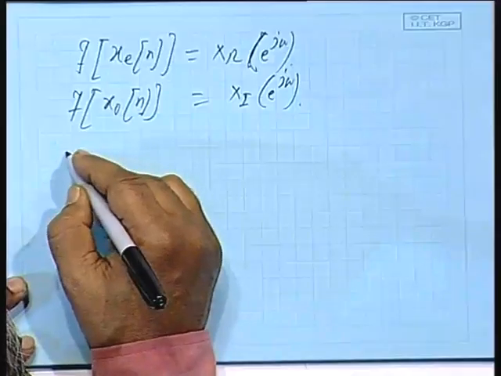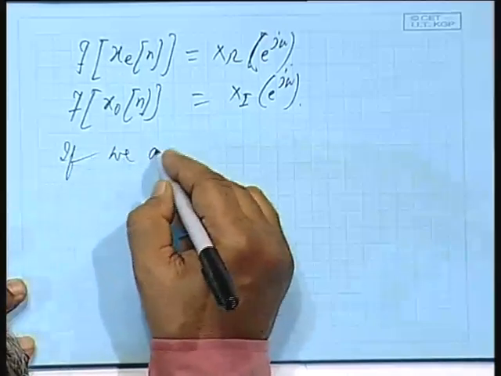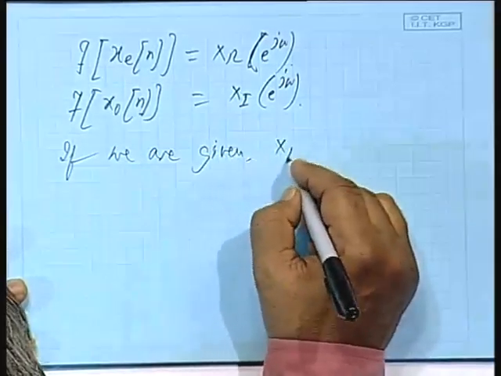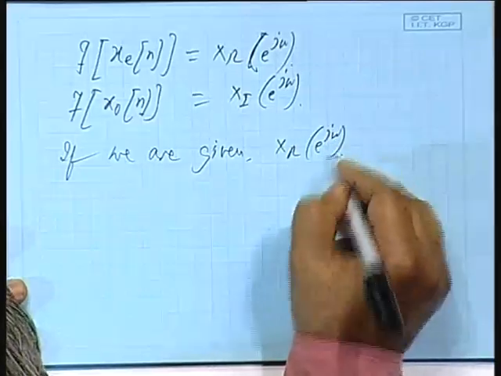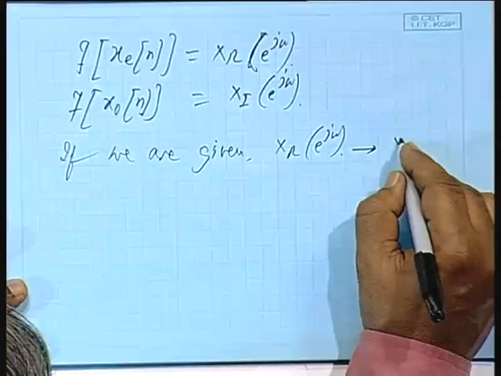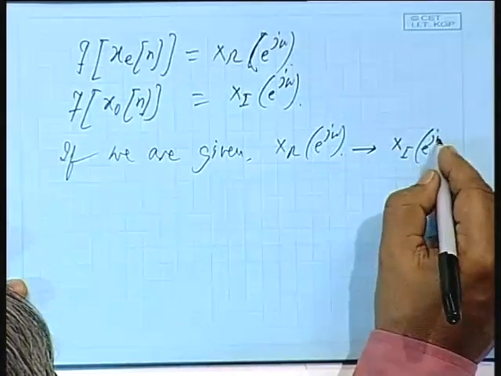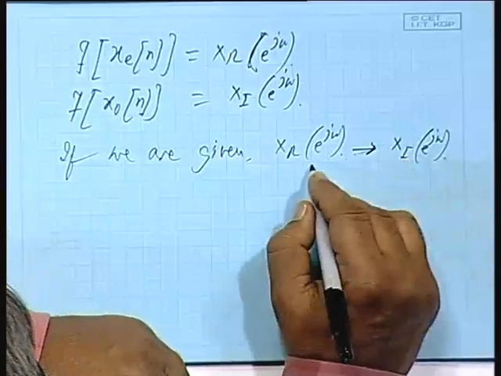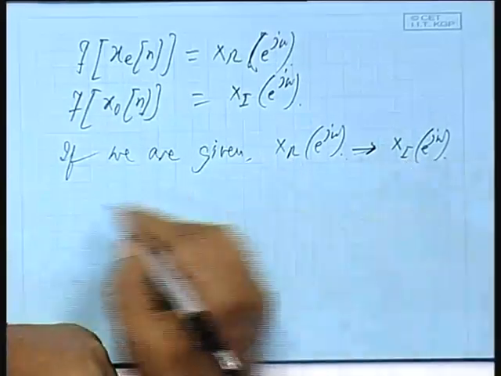So, if we are given the real part of the Fourier transform, how do we get the imaginary part? If we can find out a mechanism of directly finding it from the real part, that is the best.